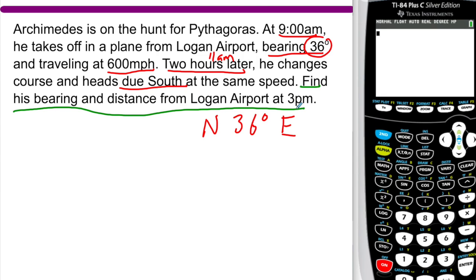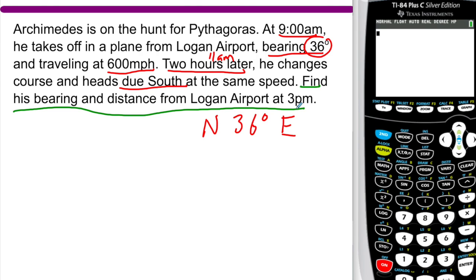They kind of trap you into answering something from an intermediate step. Okay, so really important that you always make sure you're answering what you were asked. So in the end, I have to have a distance number and I have to have a bearing.